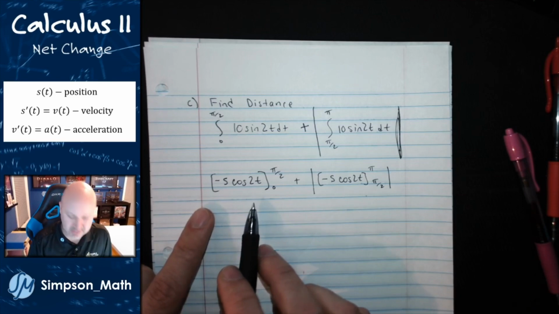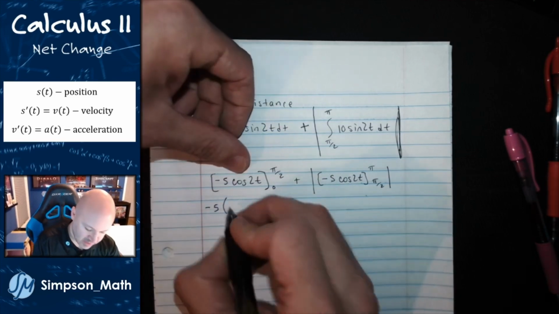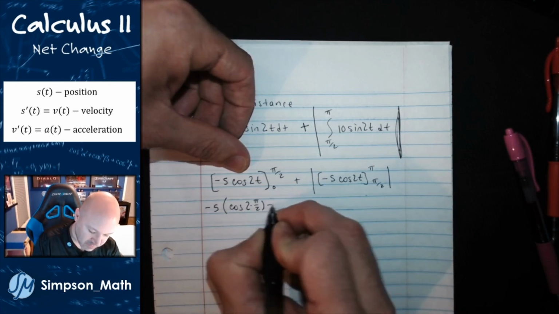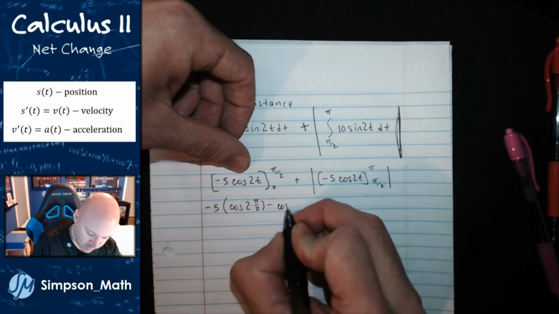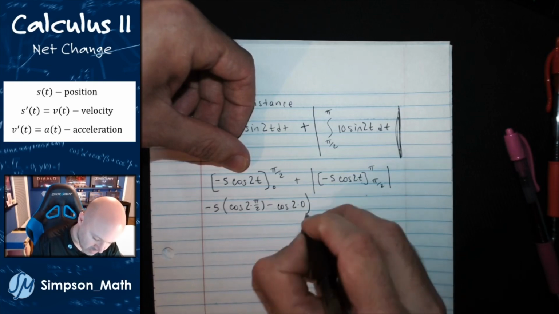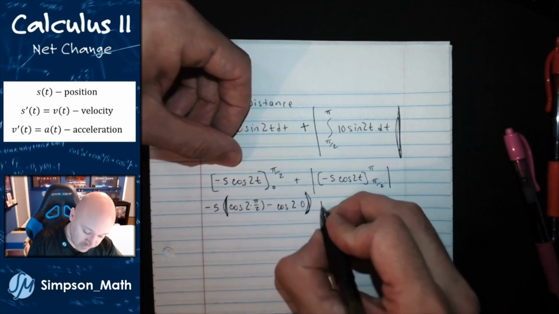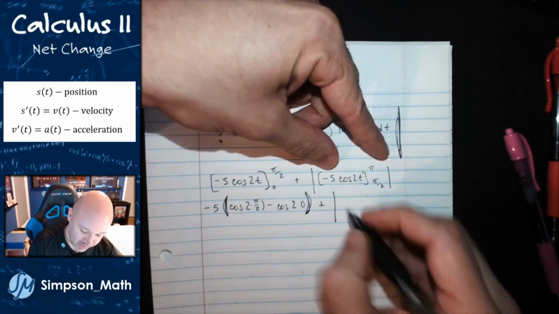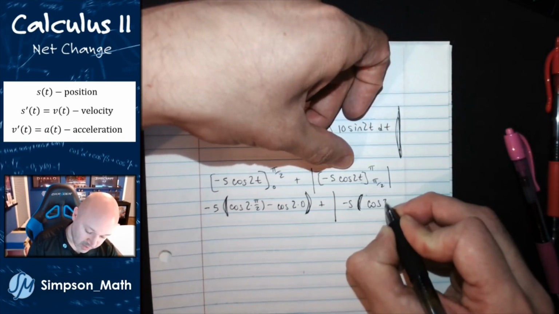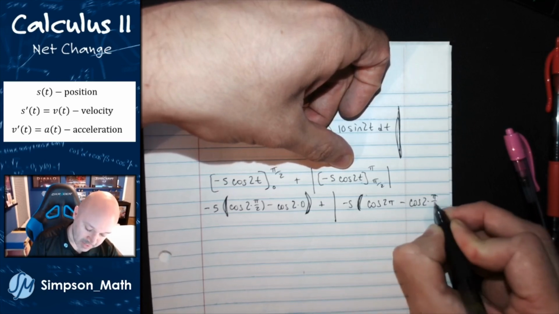So at this point, it's kind of tedious, but we just go with it. -5 times cosine double pi halves minus cosine double 0. This is being multiplied by a -5. To that, I'm going to add the absolute value of -5 being multiplied by cosine double pi minus cosine double pi halves.